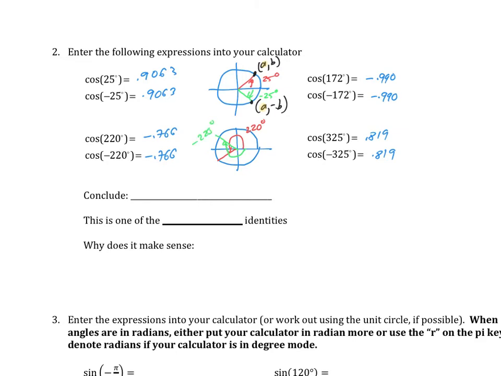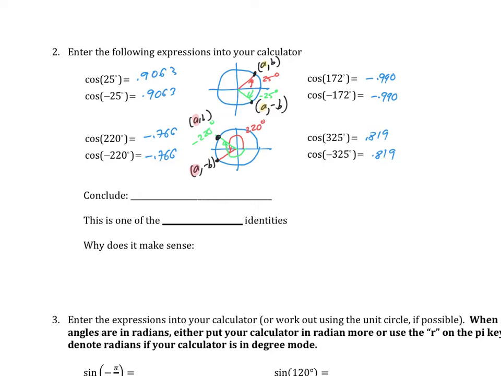And once again, let's look at the coordinates on the unit circle. If I say this is the point (a, b), that corresponds with negative 220, then the point that corresponds with positive 220 would be (a, negative b). And once again, we can see that we have the same x value, so the same cosine.